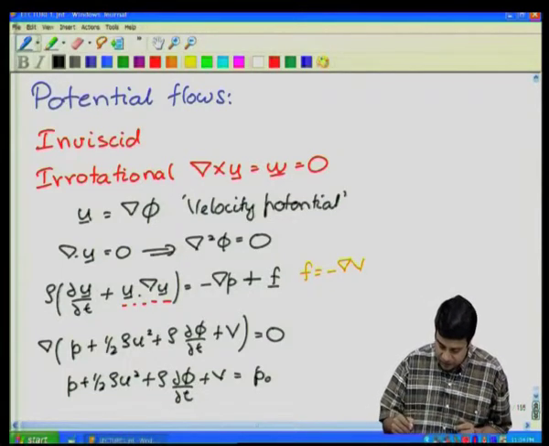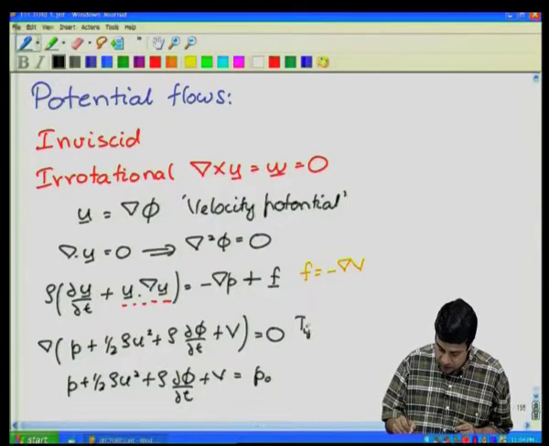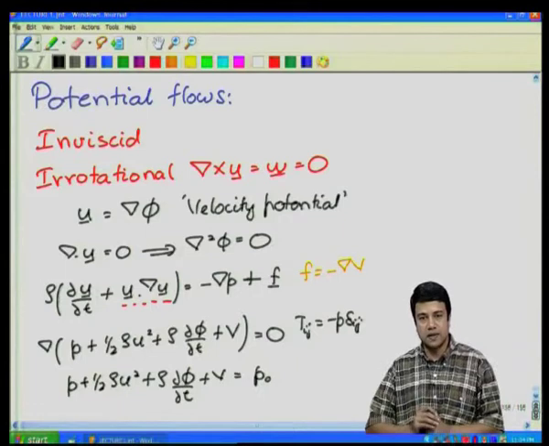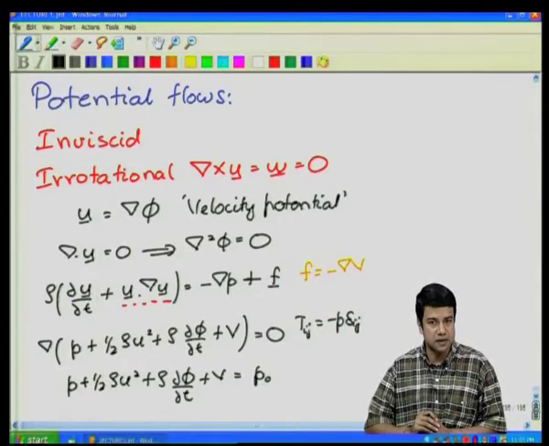The stress tensor in this case is just the pressure part. Since we have neglected the viscosity, there is no viscous stress. The stress is determined purely by the pressure, and it is isotropic. Okay, it is an isotropic tensor.